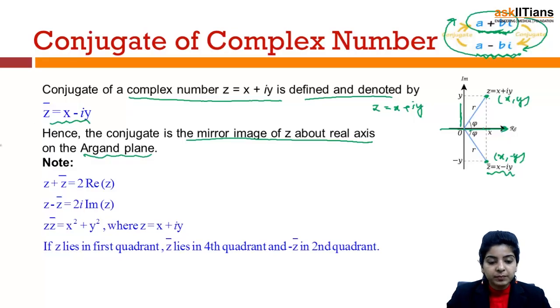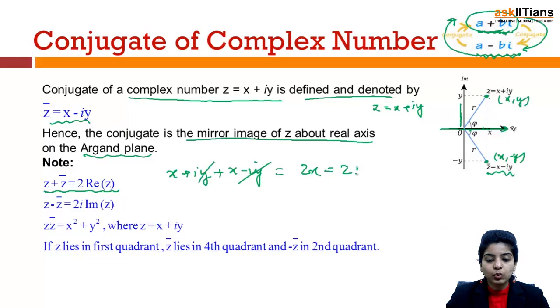So we have certain properties of conjugate that are quite obvious. See, z plus z bar would become twice the real part of z. You can even solve out this property. Suppose we have x plus iy, then z bar would be x minus iy, and therefore z plus z bar becomes, this gets cancelled and we have 2x, that is twice the real part of z. So z plus z bar is twice real z.